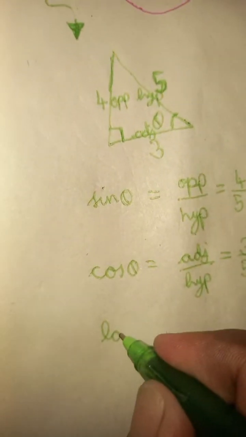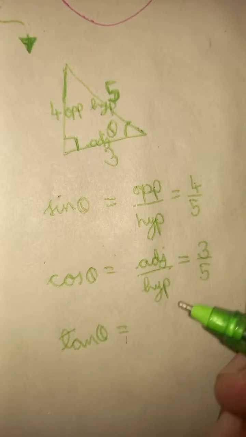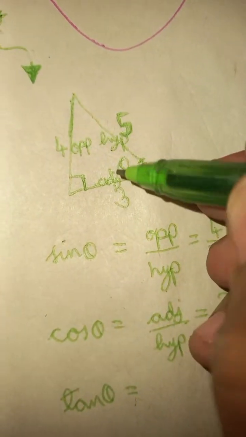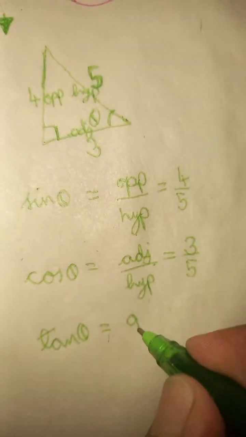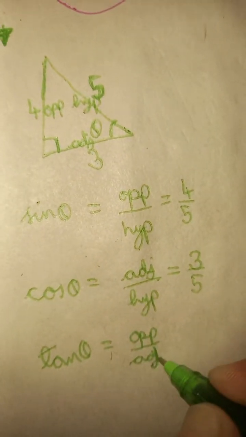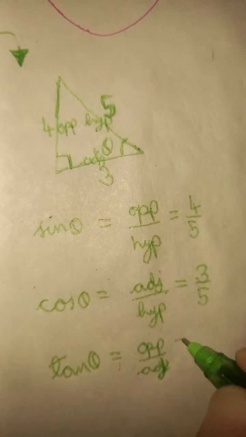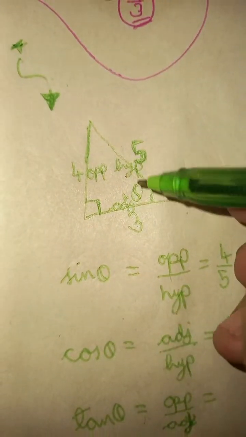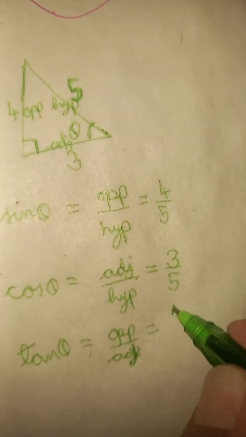Now tan theta is equal to opposite by adjacent. That means opposite 4 units by adjacent 3 units, 4 by 3.